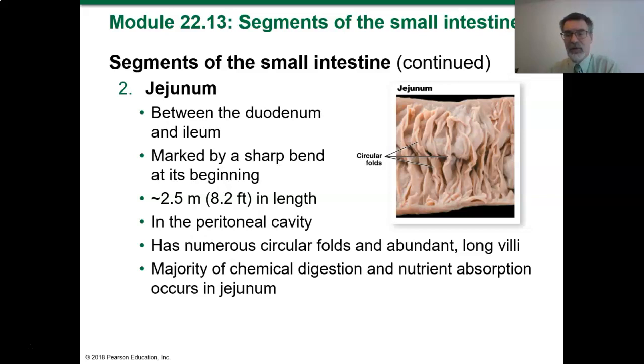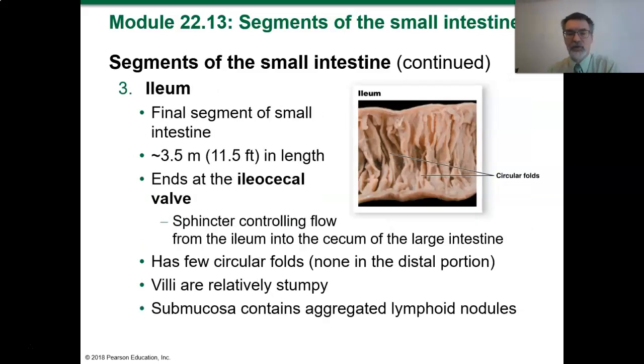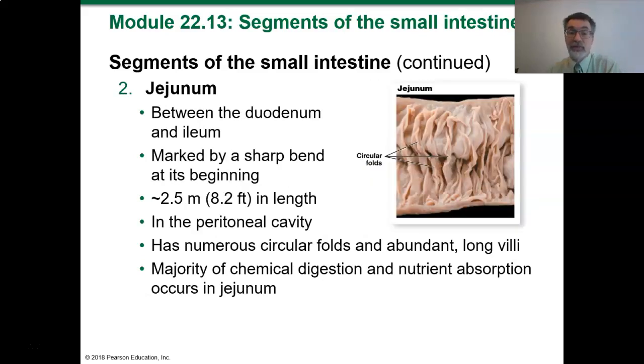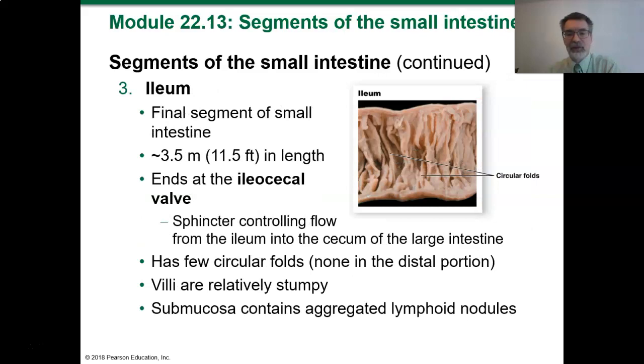Right? The second part of the small intestines is the jejunum. This is the largest part of the intestines, with all those circular folds that we talked about to increase surface area and nutrient absorption. Ileum, right? The final segment, about 11 feet, versus 8 feet for the jejunum. So these are the two major parts of the small intestines.